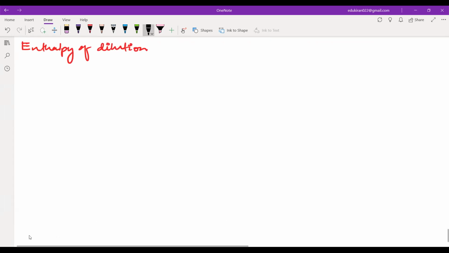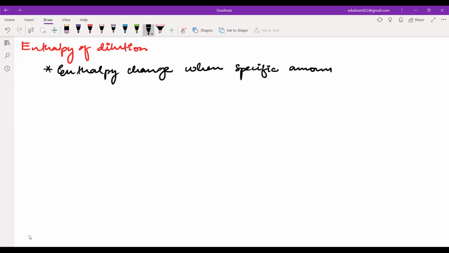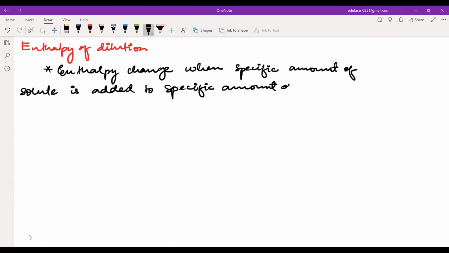So this is the enthalpy change when a specific amount of solute is added to a specific amount of solvent.